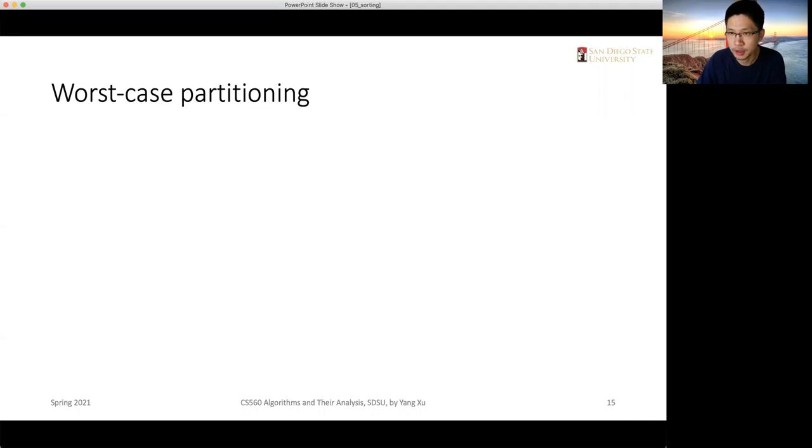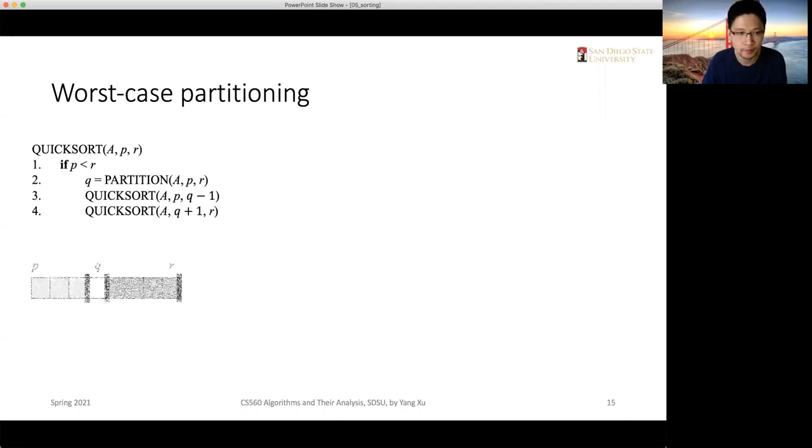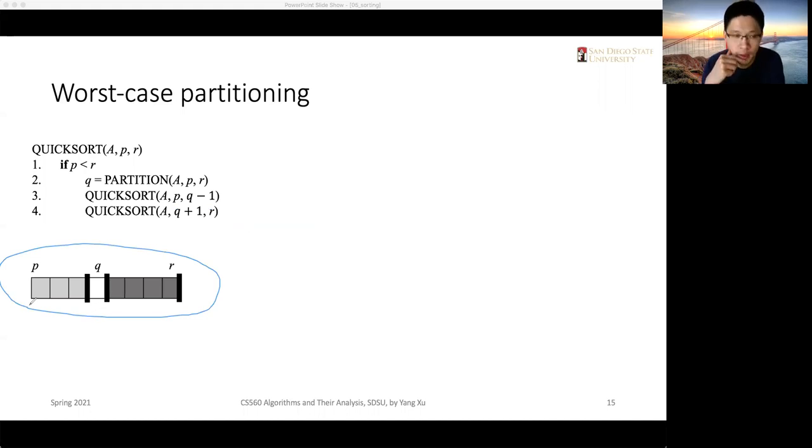So let's start from the worst case. This figure indicates the output from the partition procedure, because the pivot Q is already here in the middle. Everything to the left is the left half of the partition, from P to Q minus 1, and the right half is the input to the second recursive call.